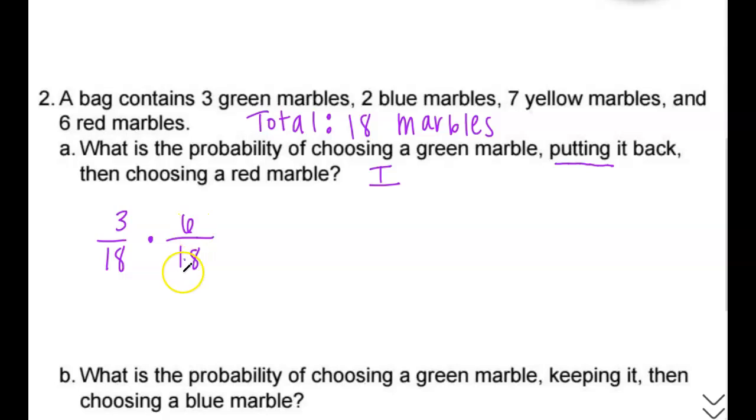Let's simplify both of these because 3 and 6 are both divisors of 18, right? What does this simplify to? 1 over 6 and then 1 over 3. So the 1 over what? 18.